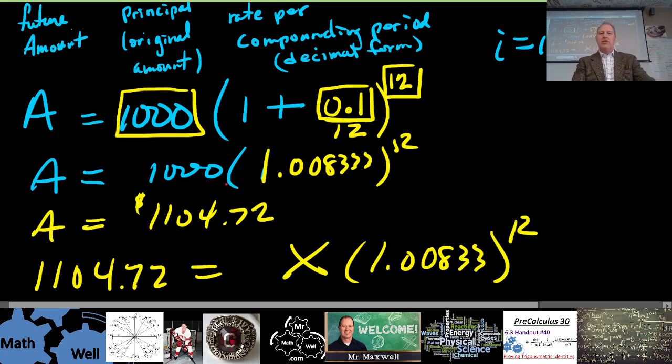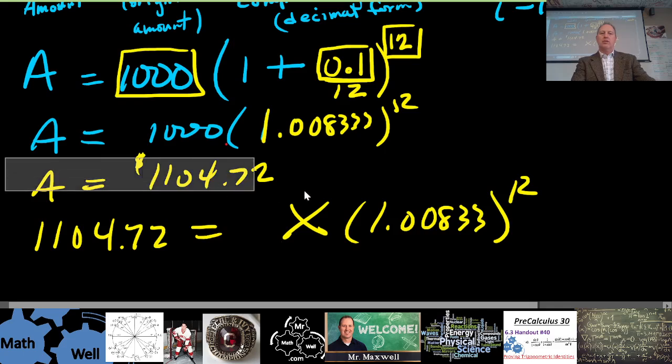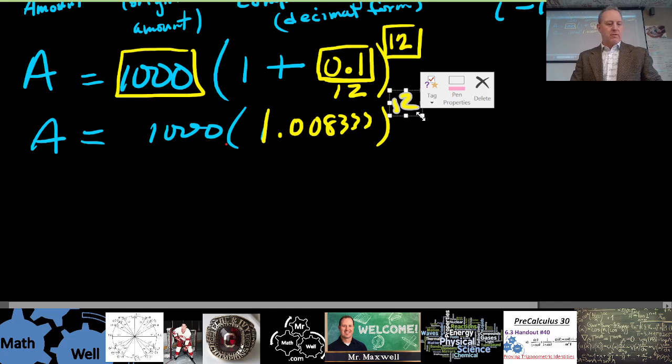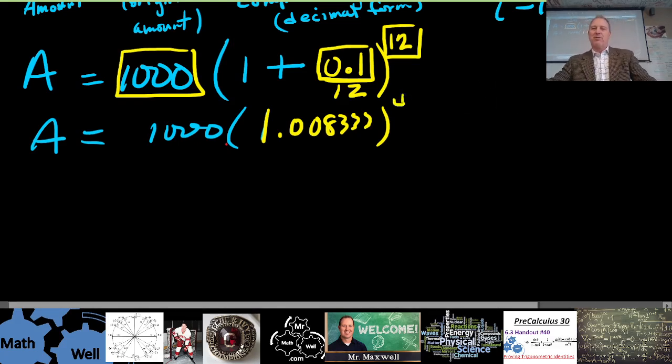Now, actually, let's do one more. Remember, so let's say we did this, but it was for 49 years, okay? So this is 49 times 12, right? 588.